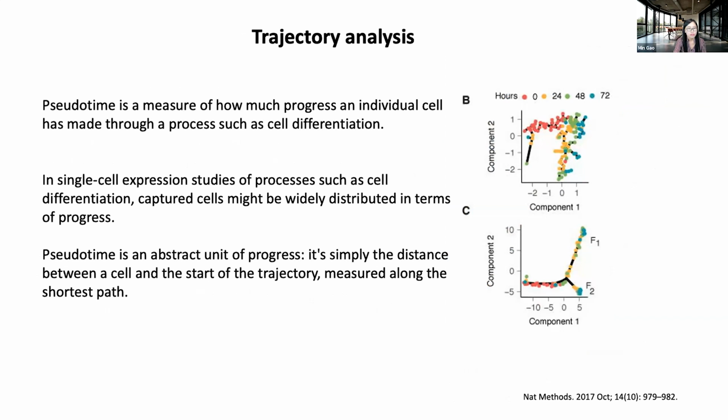In single cell trajectory analysis, pseudotime measures how much progress a single cell makes during a process, such as cell differentiation. From this plot, we can see the cells at different time points located at different positions of the trajectory. We can check the gene expression of the clusters in different trajectories.